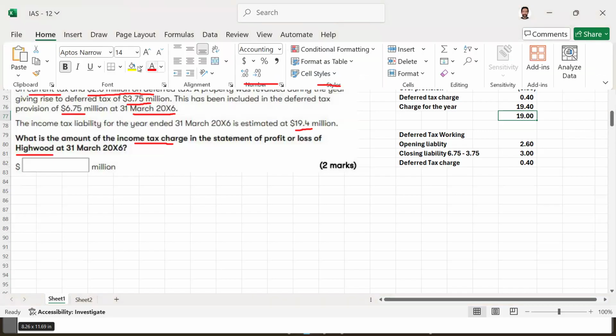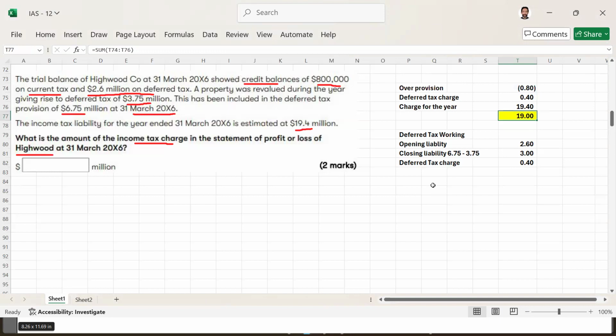Okay, so this question had the same requirement, but the information was different. And the information was that we were not provided with the temporary differences. We were provided with the closing deferred tax liability, the total, and the one that is related to the revaluation. So we took away the revaluation part. And in the previous question, we were provided with the differences, and we took the difference and then we charged it with the rate. In this question, there is no rate provided.